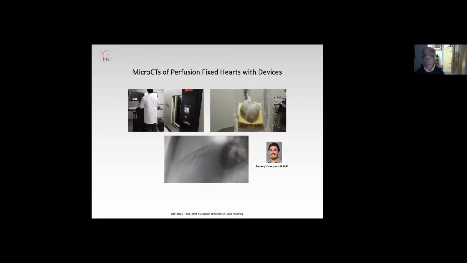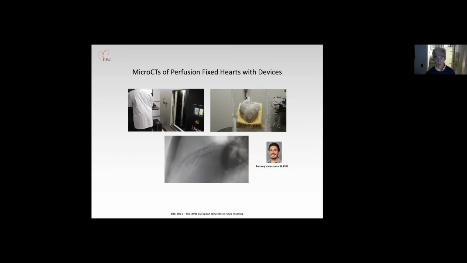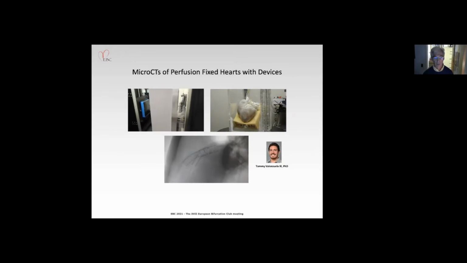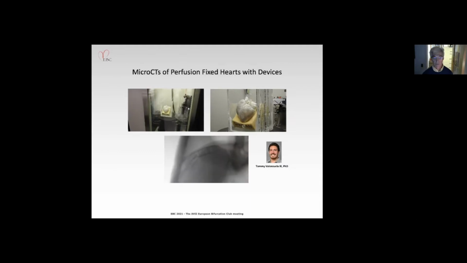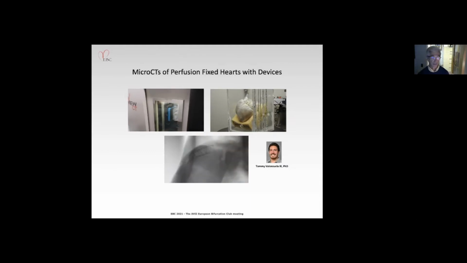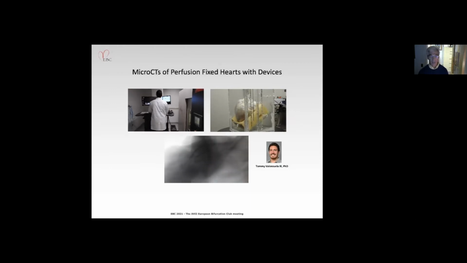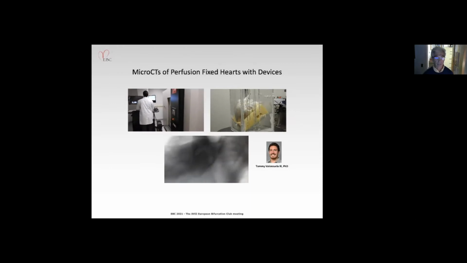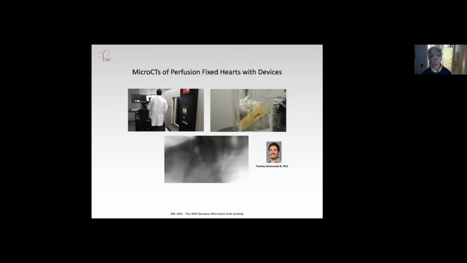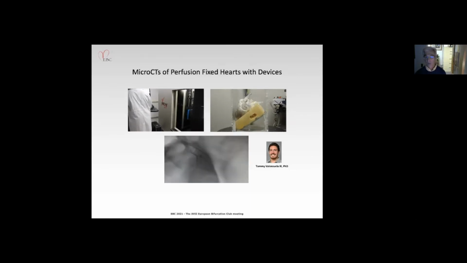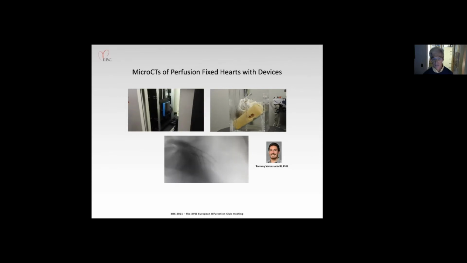The hearts then are brought over to a MicroCT scanner. This is an X5000 North Star instrument scanner over in Geological Sciences, which is the other side of the University of Minnesota campus. So here's Tommy Valenzuela, or Dr. Valenzuela. He just finished his PhD a few months ago in the lab, performing one of these studies in the scanner.